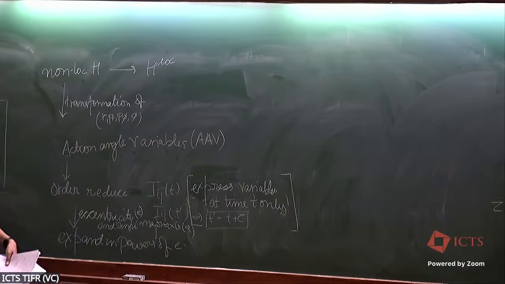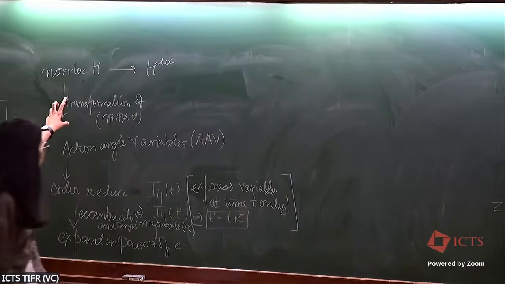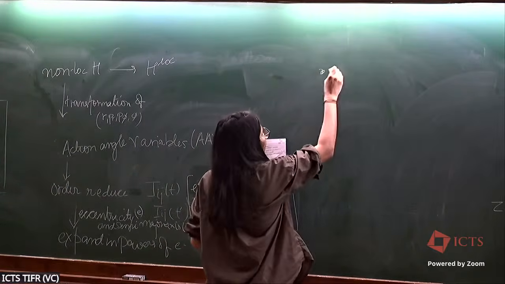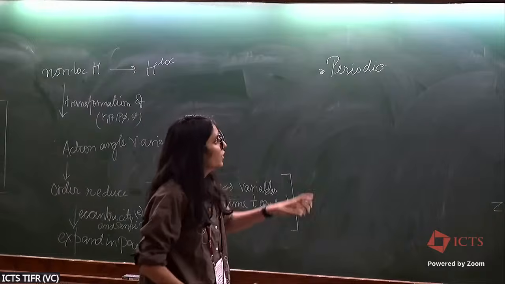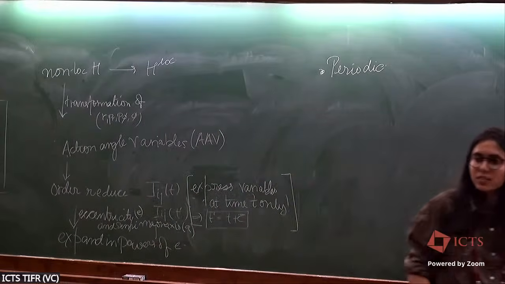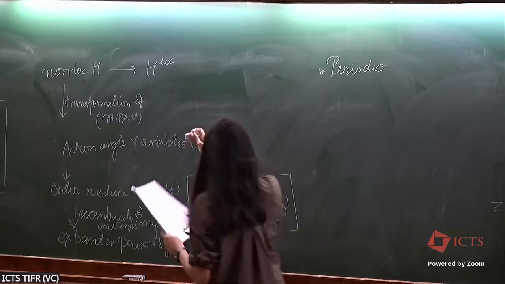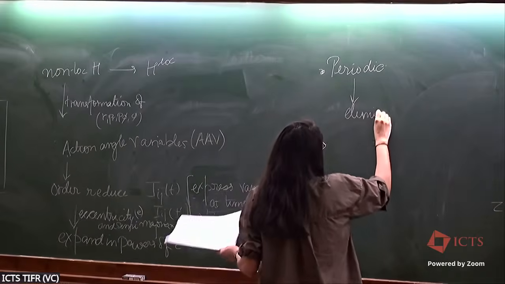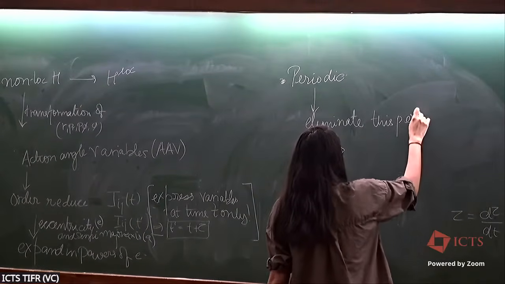When I do this, what I obtain is that this Hamiltonian is periodic in mean anomaly. If the Hamiltonian is periodic, I can do the orbit averaging, which removes the integral over the period, and hence I will be able to obtain the local piece. So, eliminate this periodicity.